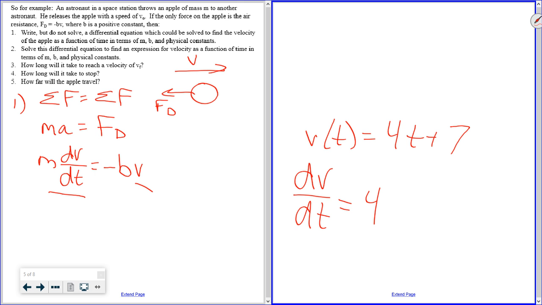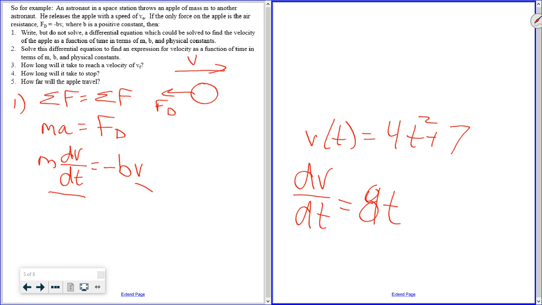So that was a crappy example. Here, the derivative of the velocity with respect to time doesn't depend at all on what the velocity is. It depends on the time, exactly. Clear? Wait, how did you know to place it? Oh, because the drag force is going to be v.